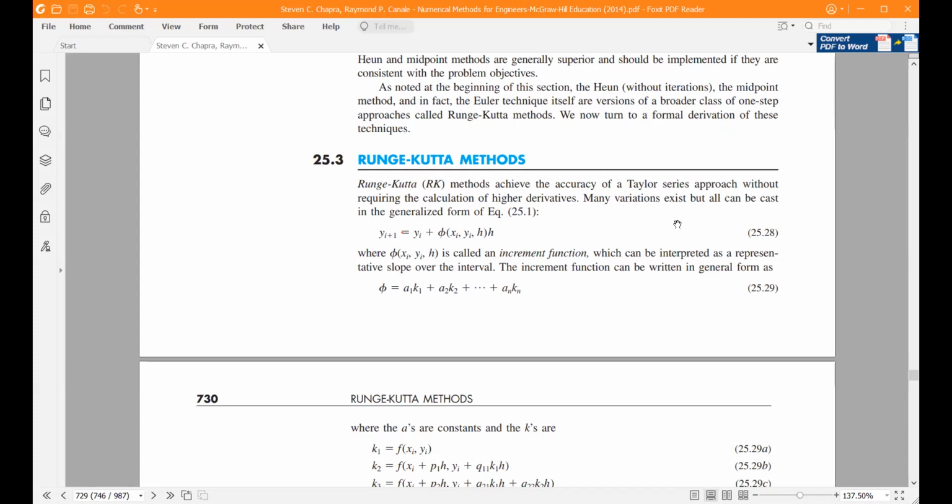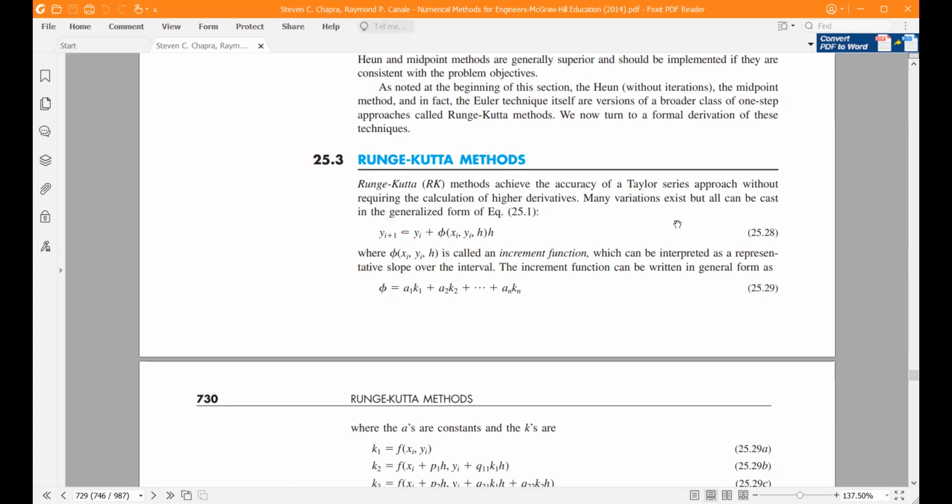Now we are going to the generic discussion on Runge-Kutta methods. This is the general discussion. The derivation is a bit complicated, but it is still not unmanageable. You can do it if you can afford some time, but we will not be giving that much time to deriving it.